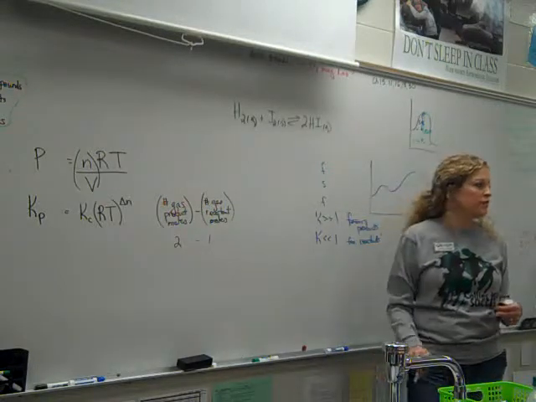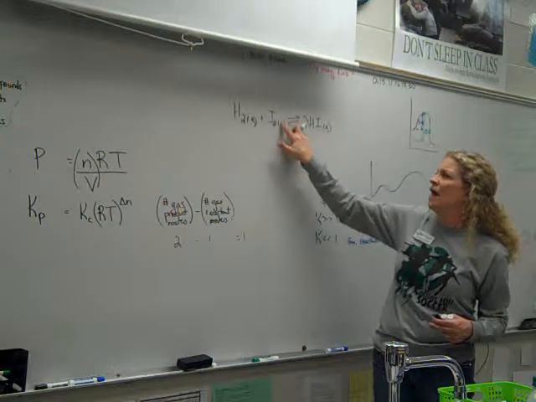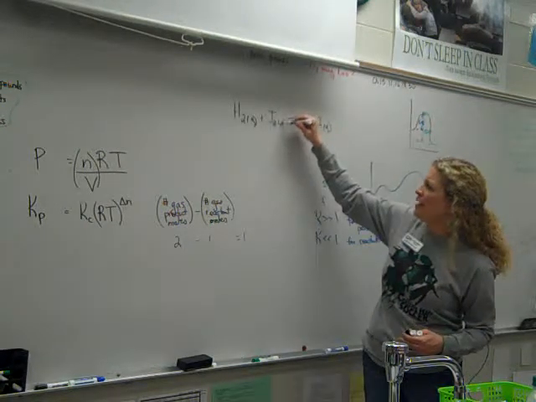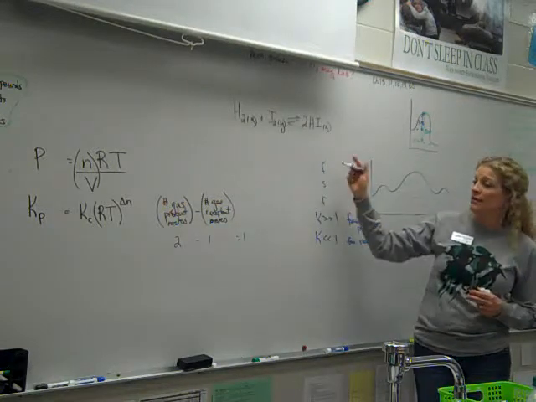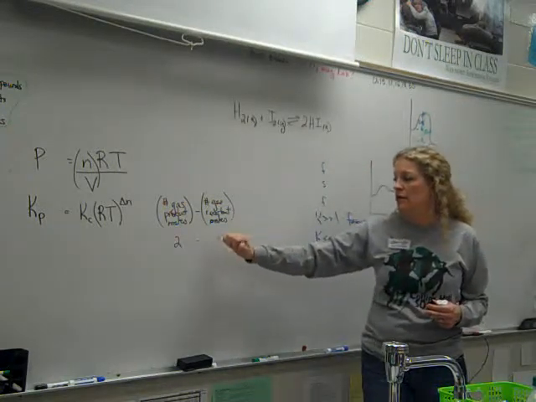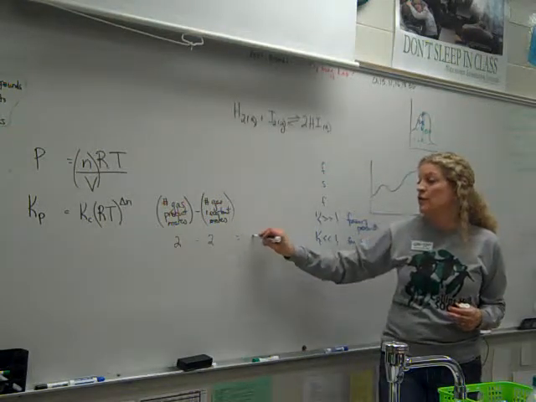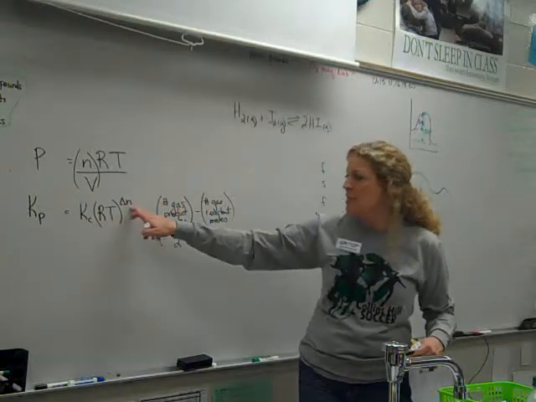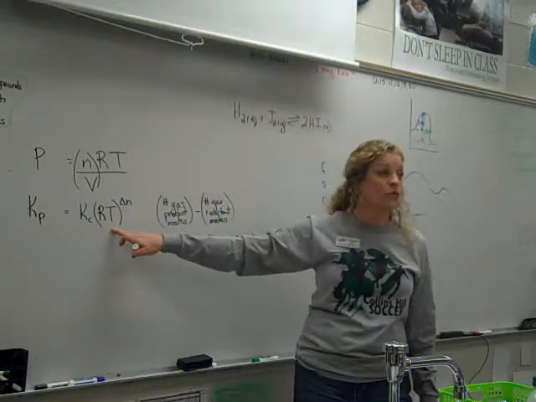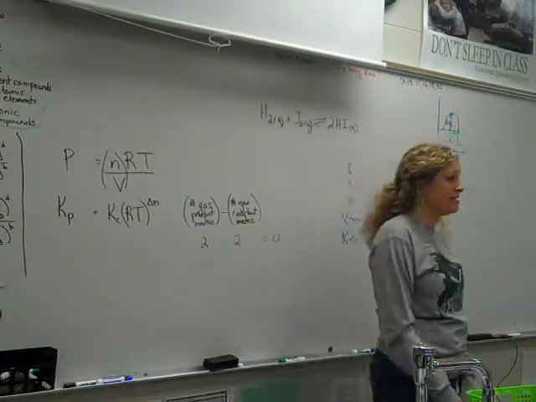And so it would be raised to the first power. What if I got it hot enough to where iodine started out as a gas? Then what would this be? 2. And so what would our exponent be? 0. And so this is a unique case. Yes, right, Sean. If you raise this to the 0 power, this is a 1. So this would be a unique case when Kp is actually identical to Kc.